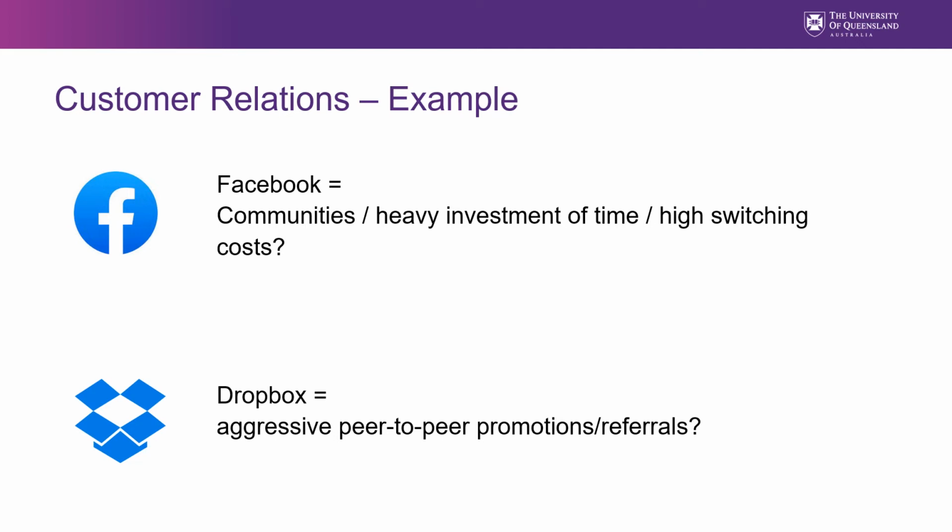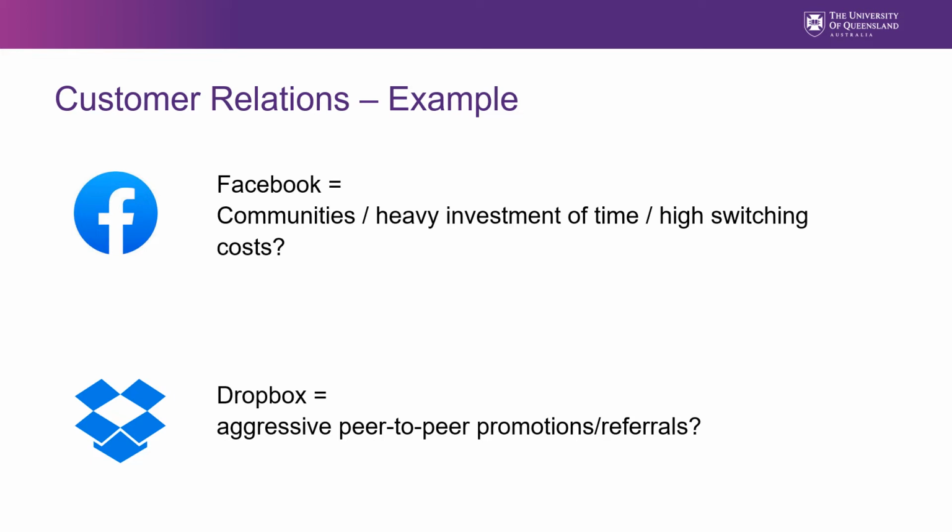There are all different kinds of categories of customer relationships that you might want to consider, such as personal assistance, dedicated personal assistance, self-service, automated services, communities, or co-creation. They're just a few. Facebook, as an example, relies on communities, where people invest a significant amount of time in creating their profile and setting up their connections.